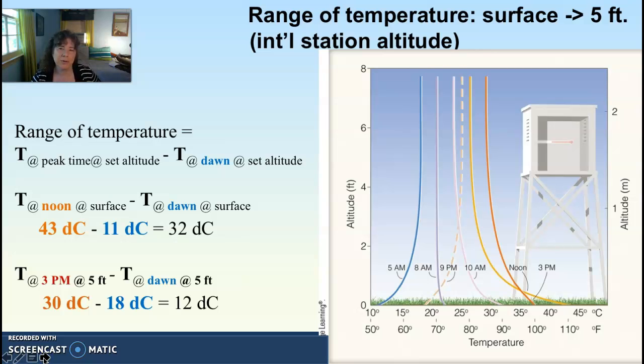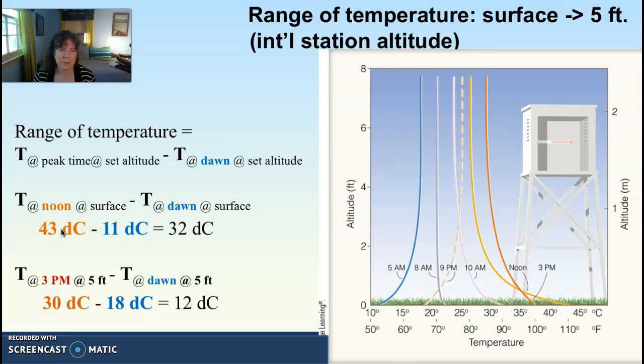Range of temperature from surface to 5 feet at these weather stations. Let's look at the range of temperature. If we compare peak times at the surface, you would say peak times at the surface happened at noontime. The orange line here at 110 degrees Fahrenheit, 43 degrees Celsius. We would subtract that from the lowest temperatures at the surface.